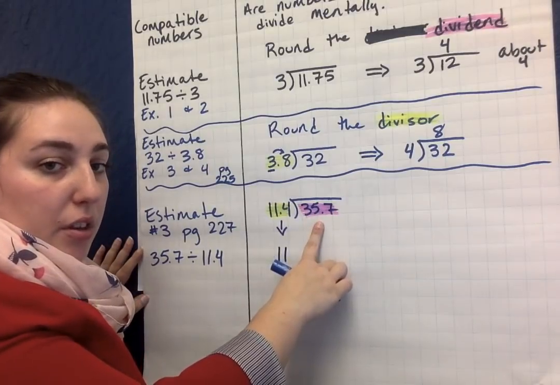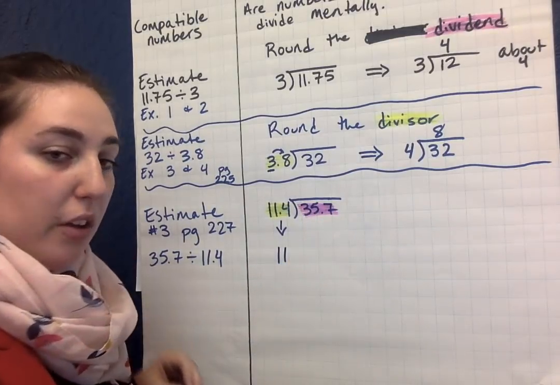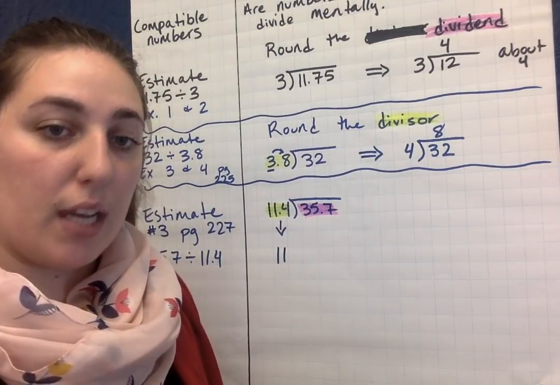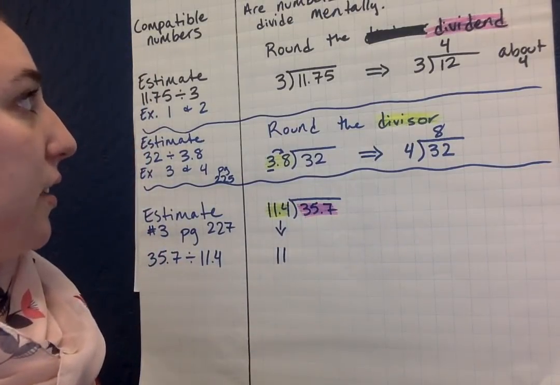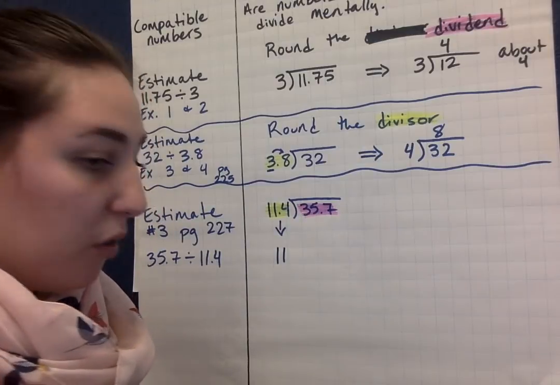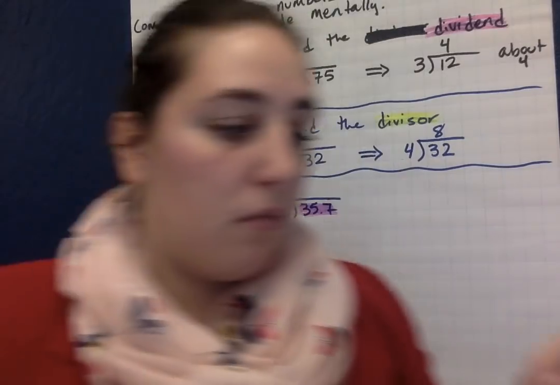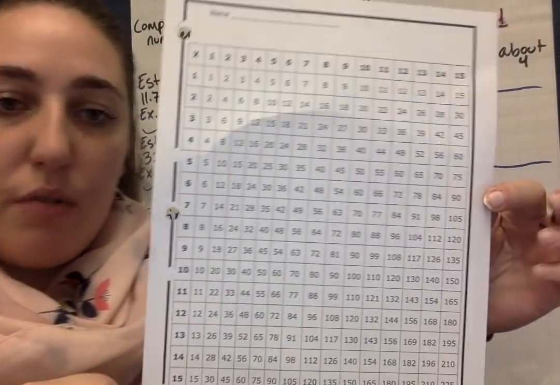Now I'm going to round 35.7, but I also need to keep in mind that I need to choose a compatible number so I can easily divide mentally. So for that, I'm going to look at my multiplication chart, which is right here.